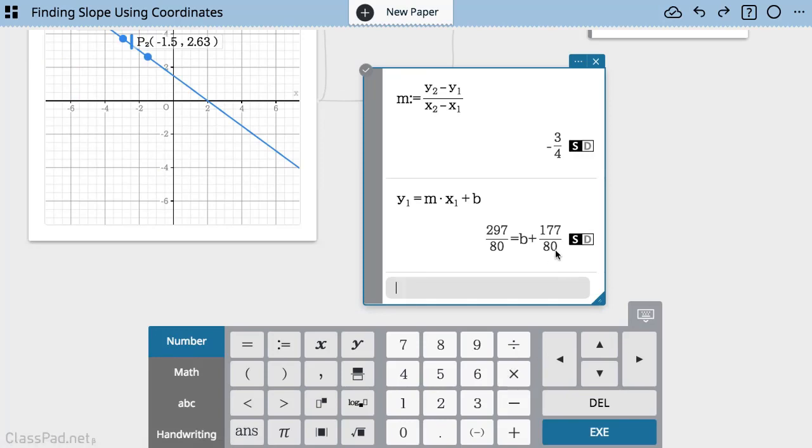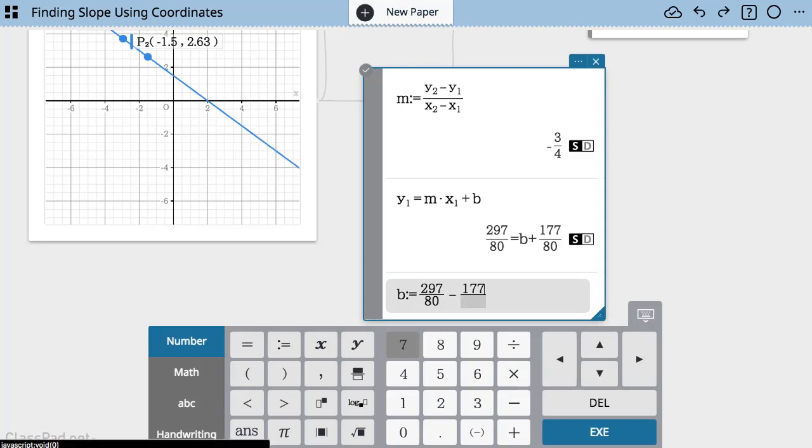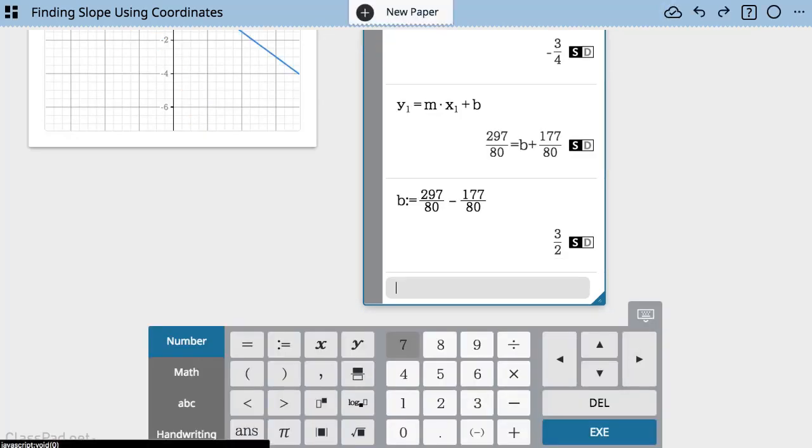Obviously, it's substituted the numbers in, but it hasn't actually solved for b. So I can say b is defined as my fraction 297 over 80 minus my other fraction 177 over 80, and do some quick arithmetic to find the exact value for b.